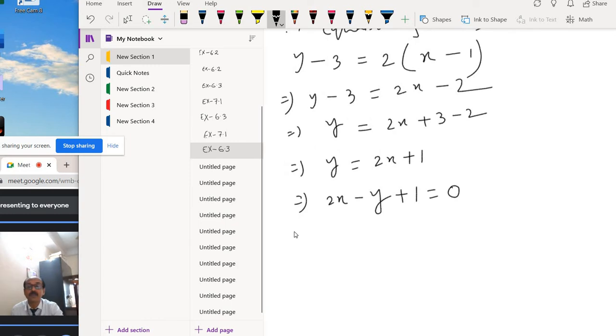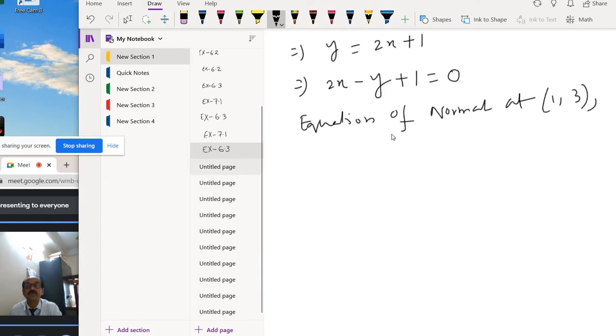Now the equation of normal at the same point (1, 3). So y minus 3, y1 means 3, equal to slope.